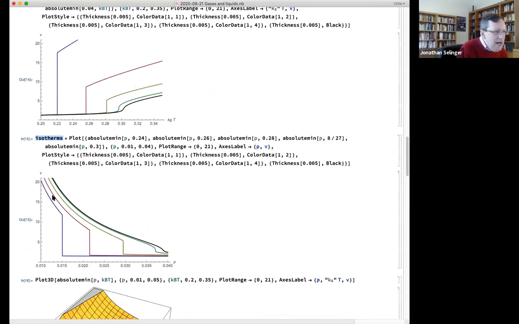volume. At a higher temperature, the gas persists up to a higher pressure. But eventually, at a high enough pressure, there's a sudden transition where it condenses into a liquid. It's a smaller change, but there's some change. Even higher temperature, you go to an even higher pressure, and then it condenses into a liquid.